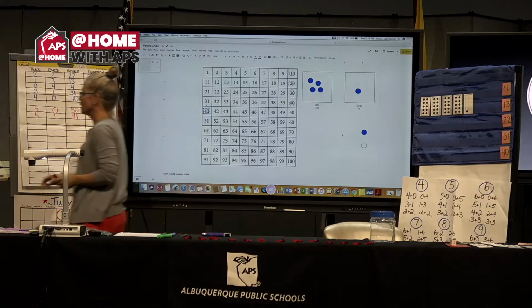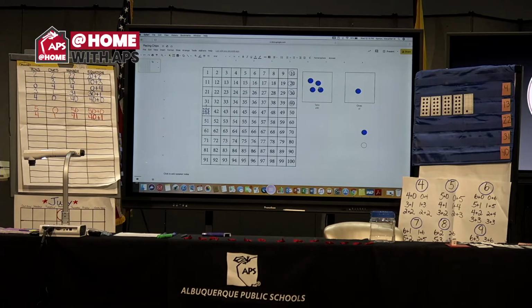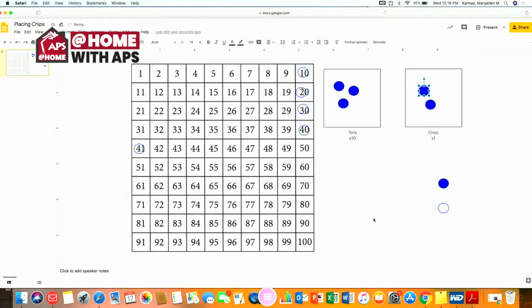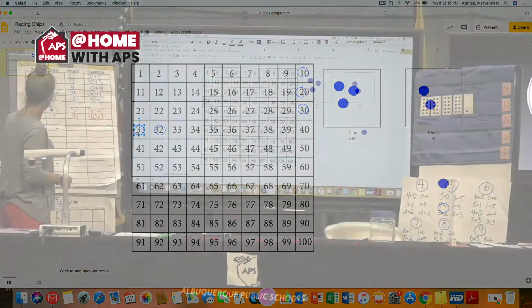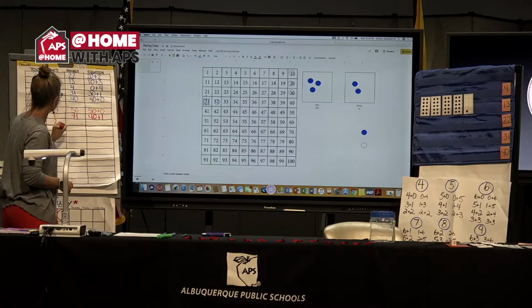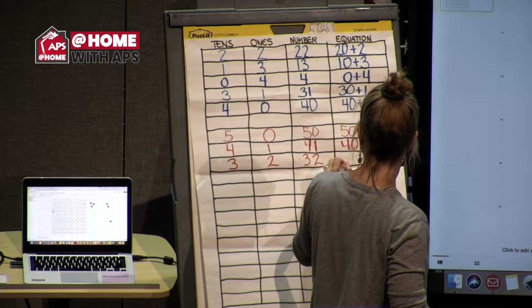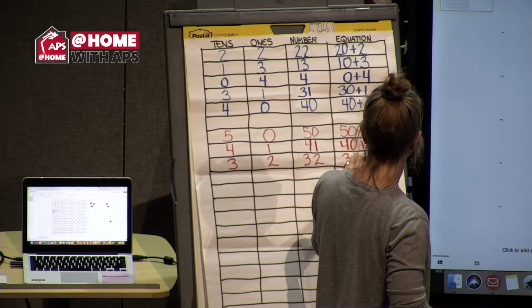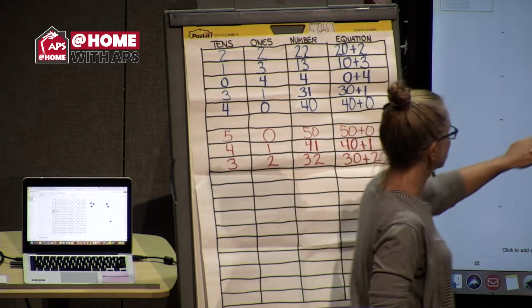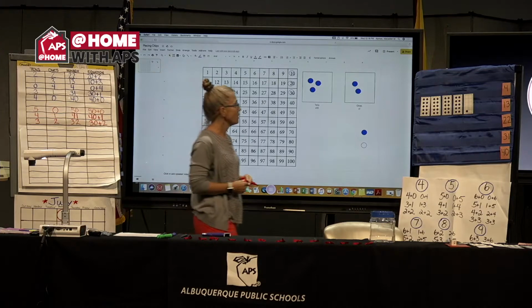Let's move one more. What happens now? I've got 3 10s, 2 1s. It makes 32. We know that because 30 plus 2 equals 32, and that's what's showing on our hundreds chart.